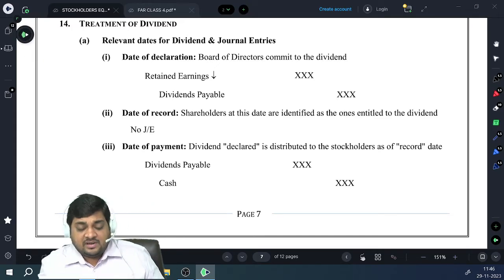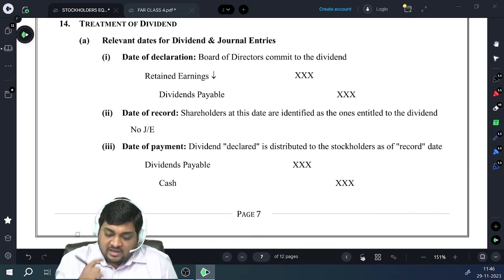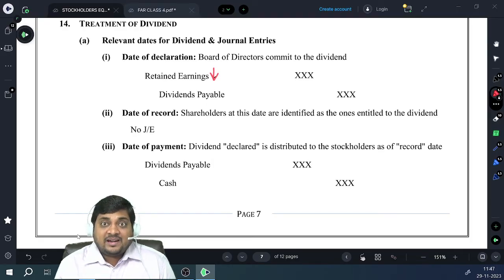Now treatment of dividend. It's very simple. I have already told you, you reduce retained earnings and show dividend payable as a liability only when we declare it, not when the dividend is proposed, right? So the important dates associated with the dividend that you need to note. First, you reduce retained earnings and show dividend payable as a liability on the date of declaration.